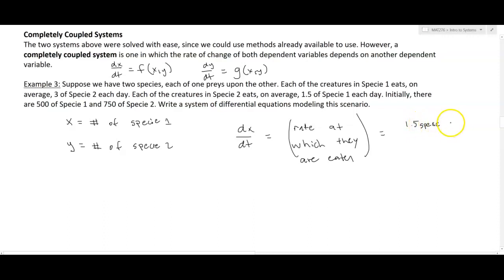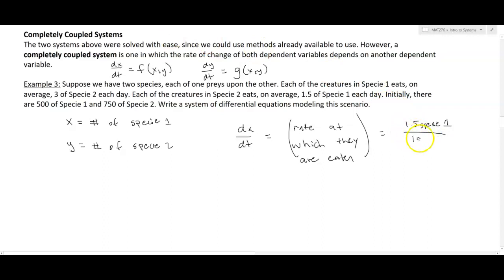That's not how many species 1 there are going to be per day. That's how many species 1 each species 2 is going to eat.